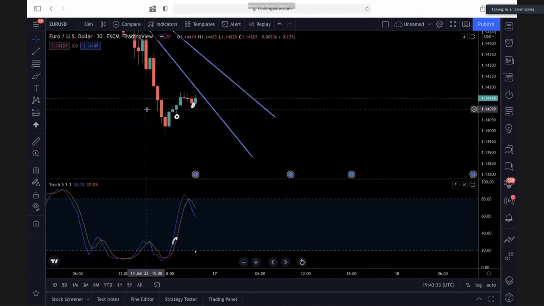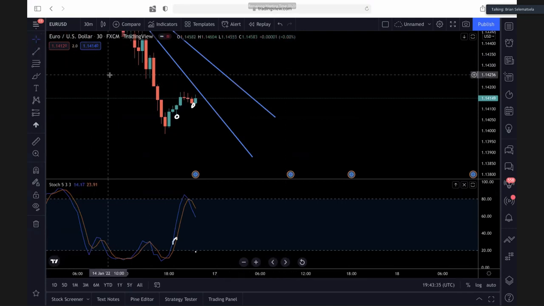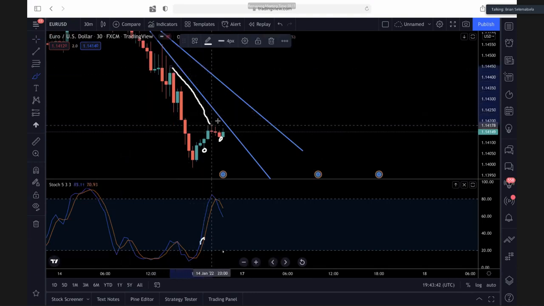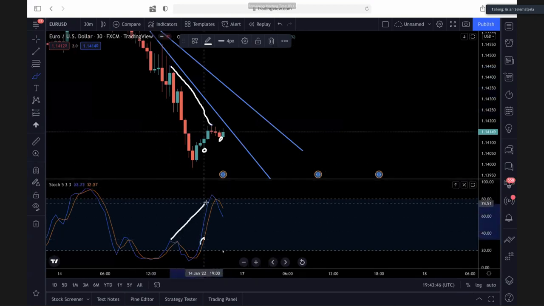But look, definitely a sell divergence. So when it gets to this point, it freaks out a lot of people. It's like a mind game, some kind of a mind game.